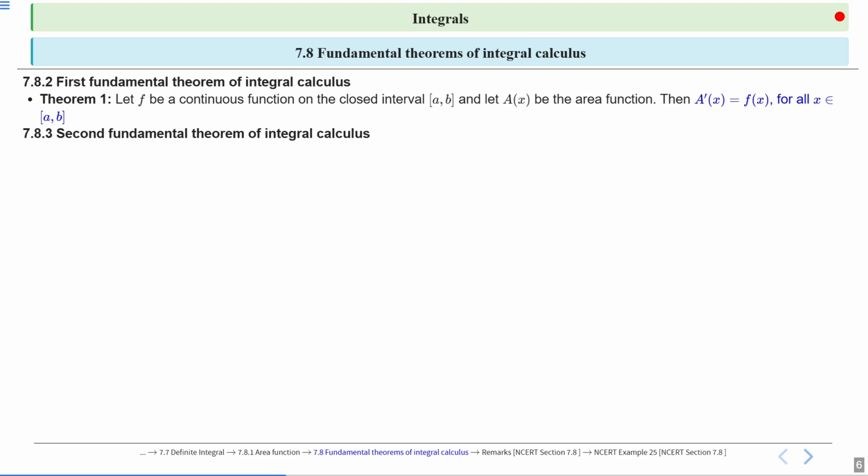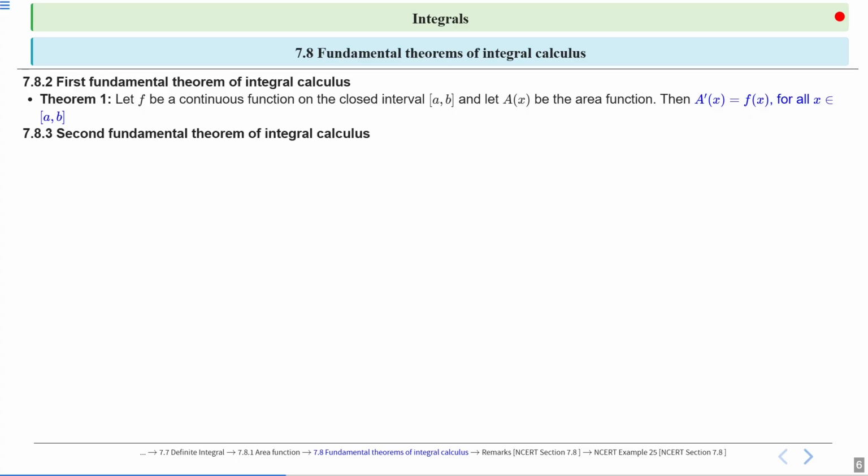Then A'(x). A'(x) means differentiation of A. Okay, so differentiation of that area function is equal to f(x), and f(x) is the value of that function f(x) for all x belongs to [a, b].